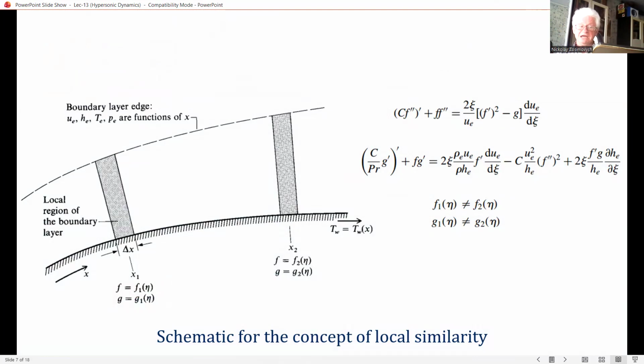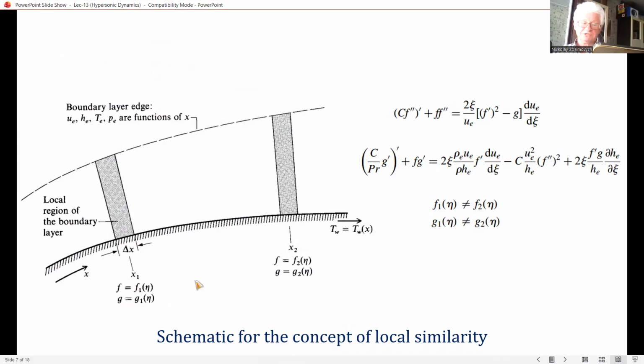First, consider a boundary layer with properties at the outer edge and at the wall that have an arbitrary variation with x, as sketched in this figure. Second, apply the general transformed boundary layer equation to a small slice of the boundary layer located at some local value of x, say x equals x1, and this small slice is shown as the shaded region located at x1 in this slide.